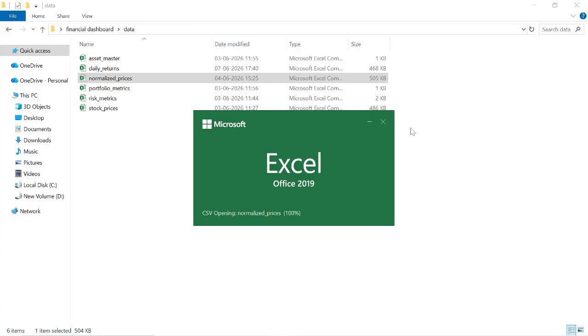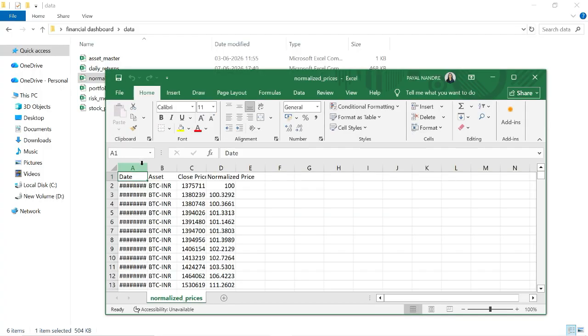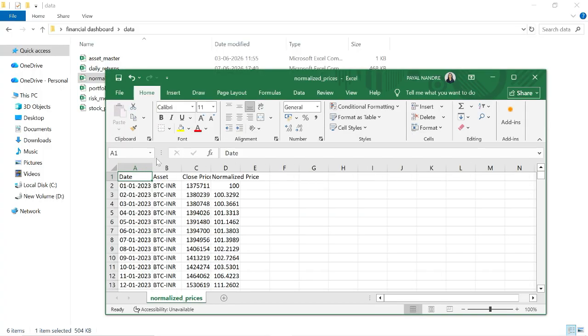The next one is normalized prices. This one was created afterwards because I faced an issue in the graph. There is a high difference between the assets Bitcoin and Ethereum, and other assets like stocks and ETFs, because the price of Bitcoin and Ethereum is literally in lakhs, I would say, and the stocks and the ETFs are merely hundreds or thousands. There is a really huge gap, and because of that the trend lines were not shown properly on the graph.